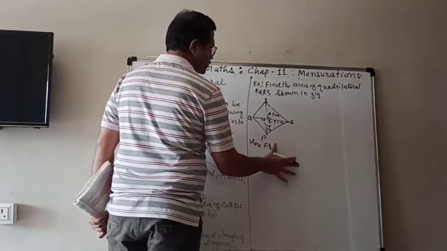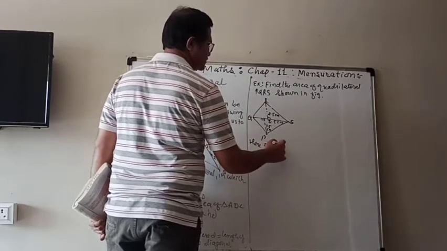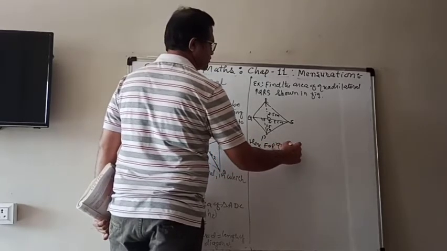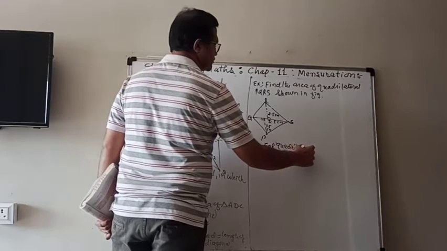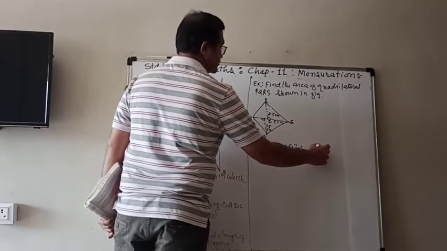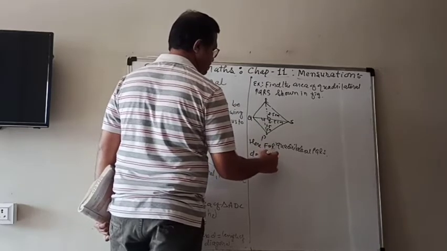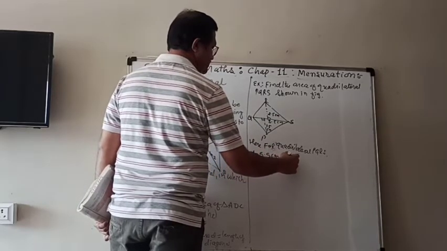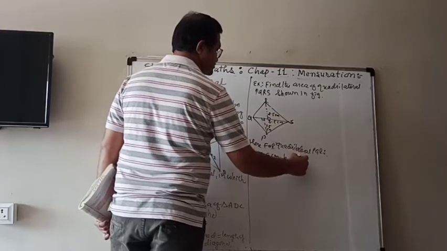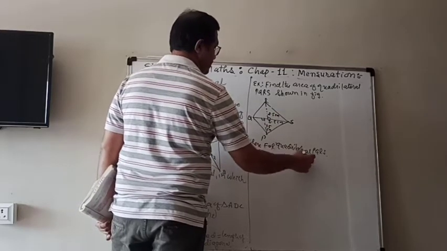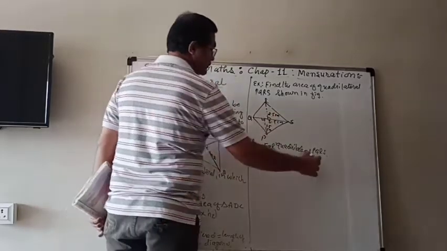So here, for quadrilateral PQRS, what is D? Diagonal. Diagonal is 5.5 centimeter. What is H1? H1 is 2.5 centimeter. And what is H2? 1.5 centimeter.